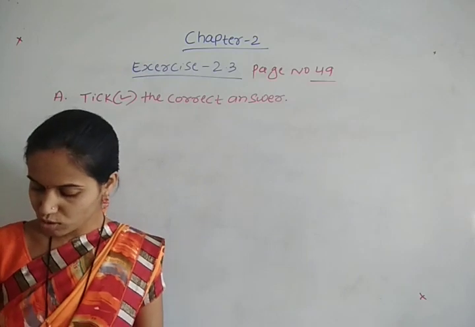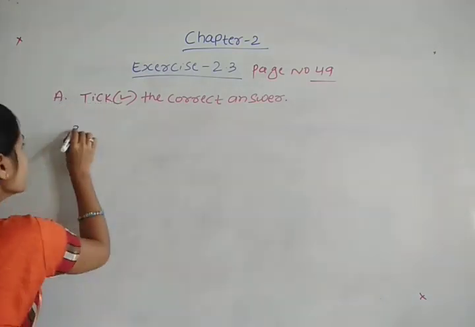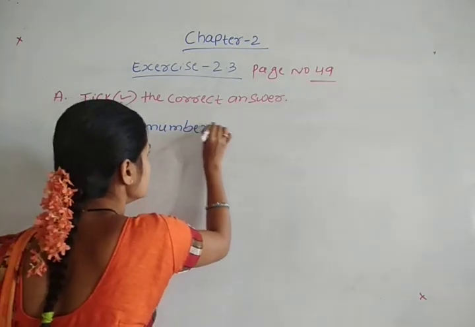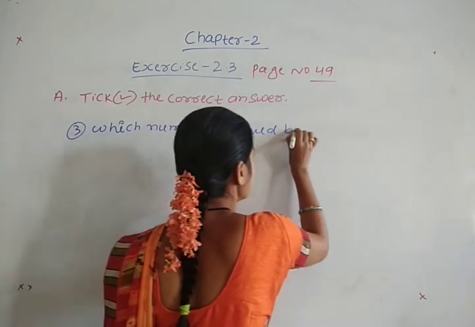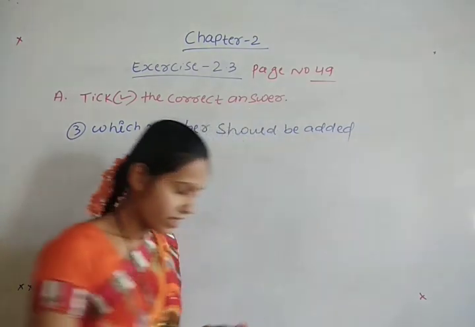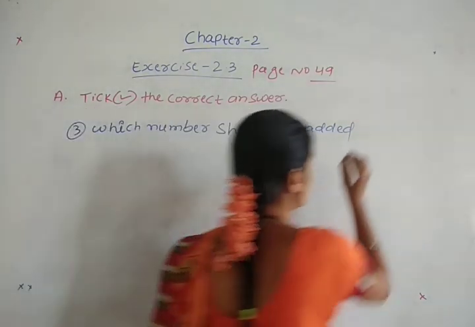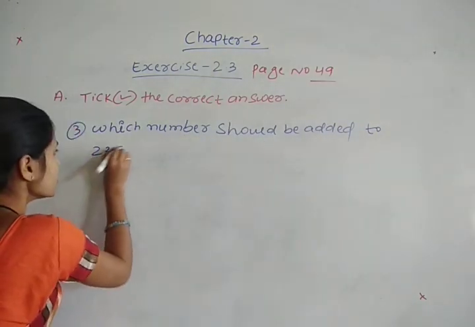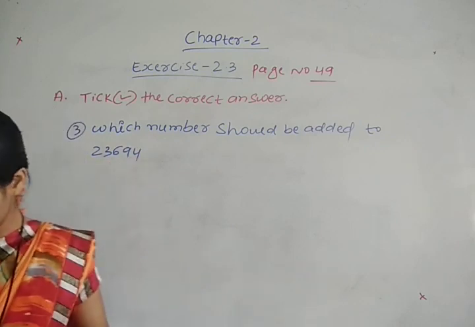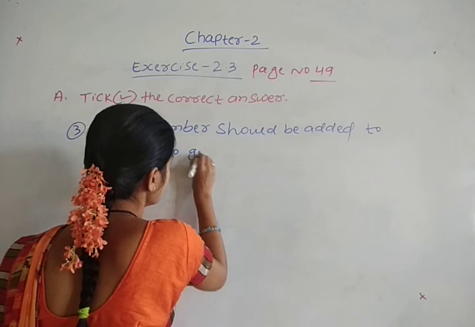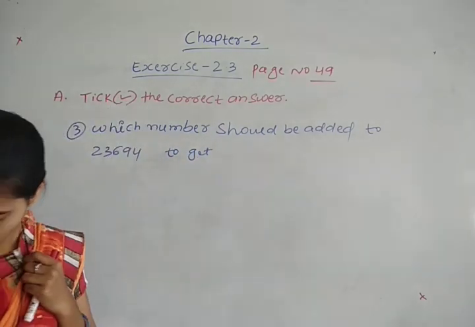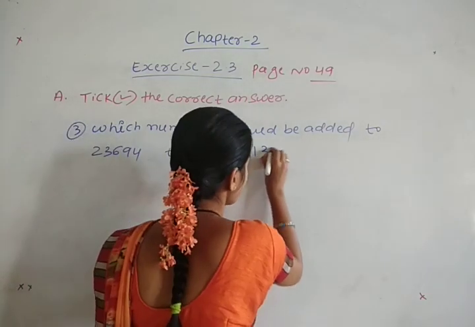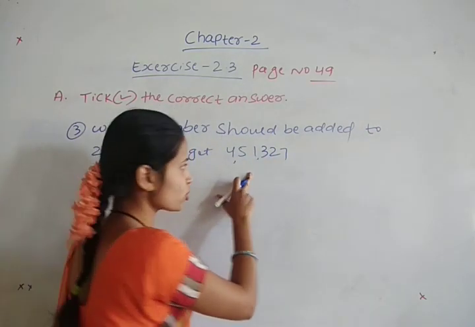Now, moving on to question number 3: which number should be added to 23,694 to get 45,132?